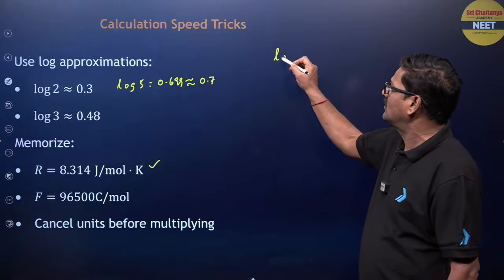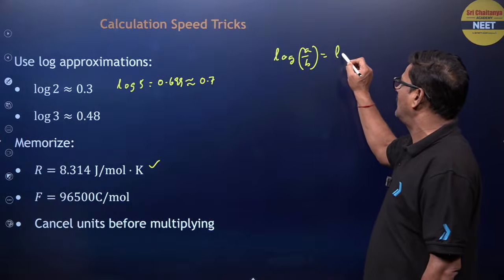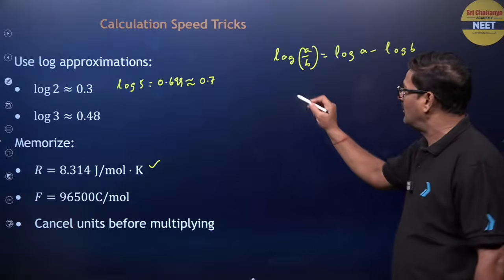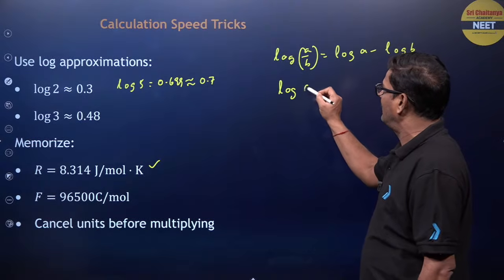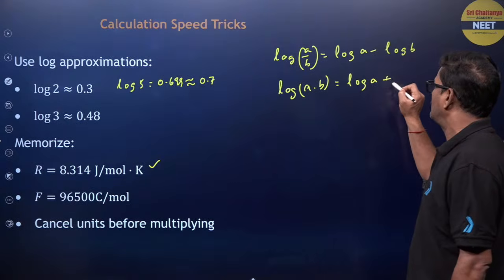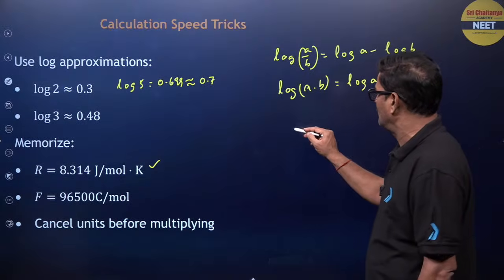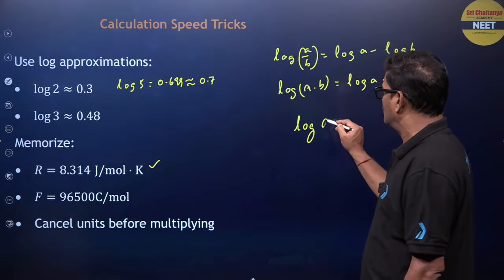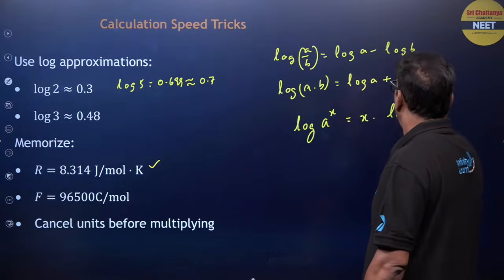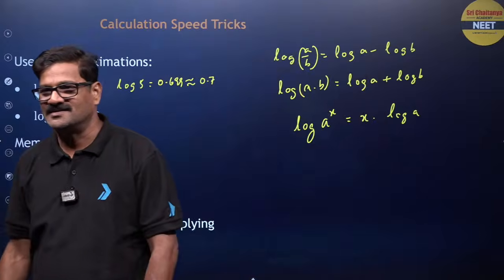You know, log A by B is equal to log A minus log B, and log A dot B is equal to log A plus log B. You also see log A to the power x, and based on this, you can do any logarithm formulas now, isn't it?